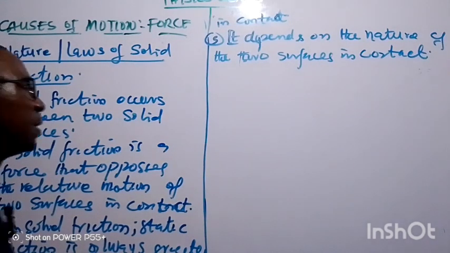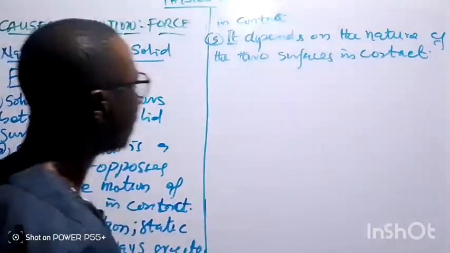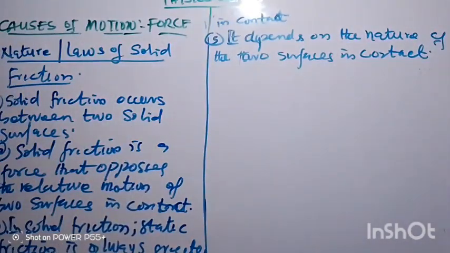The nature can be smooth surface or it can be coarse. So that one will now determine solid friction.